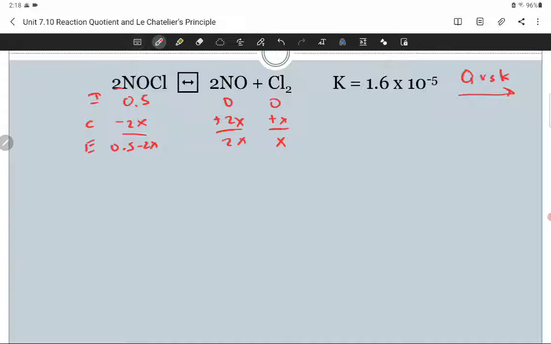Now, we're going to modify some things here. Because that K is so small, that means this 2x is a very small number. 0.5 minus something very small is likely to be approximately 0.5.